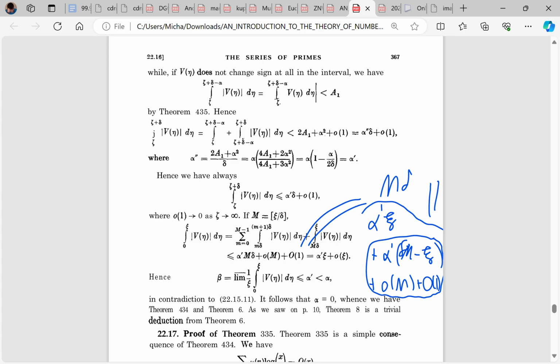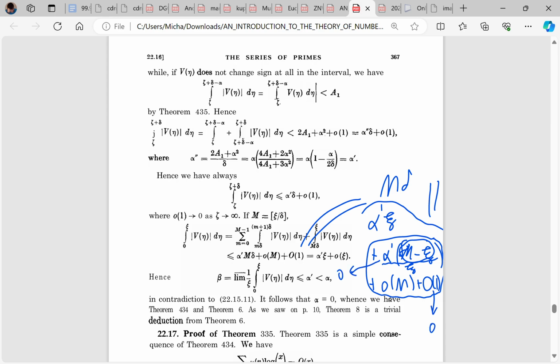Yeah. So if we divide by xc, does it all go to 0? Okay. So if we divide this by xc, this thing is less than 1. So it does all go to 0. Yeah. This goes to 0.